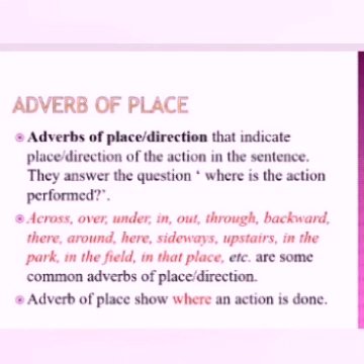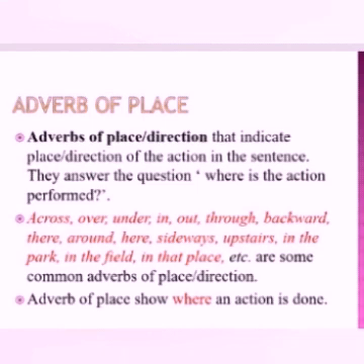Now let us move into the second kind of adverb, the adverb of place. Adverbs of place indicate the place and direction of the action in the sentence. They answer the question of where the action is performed. So the adverb of manner answers the question how, and adverbs of place answer the question where.